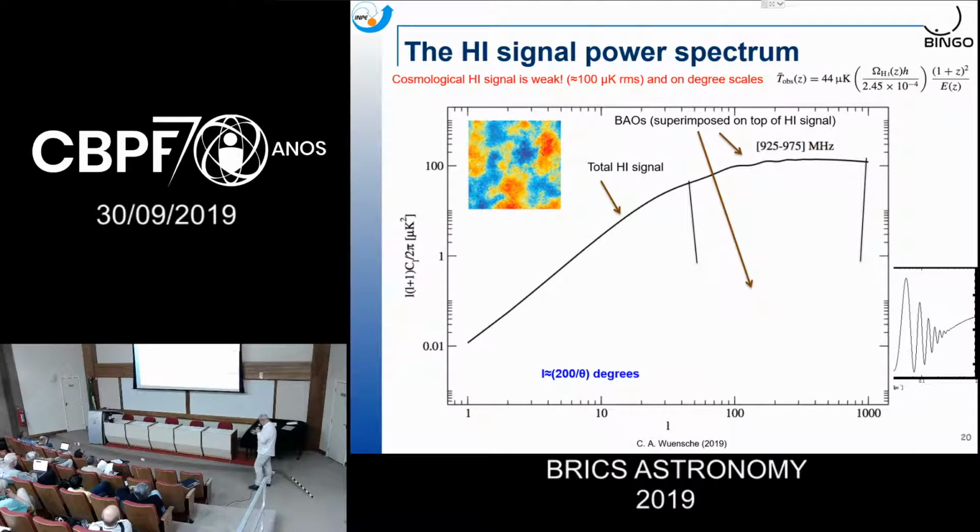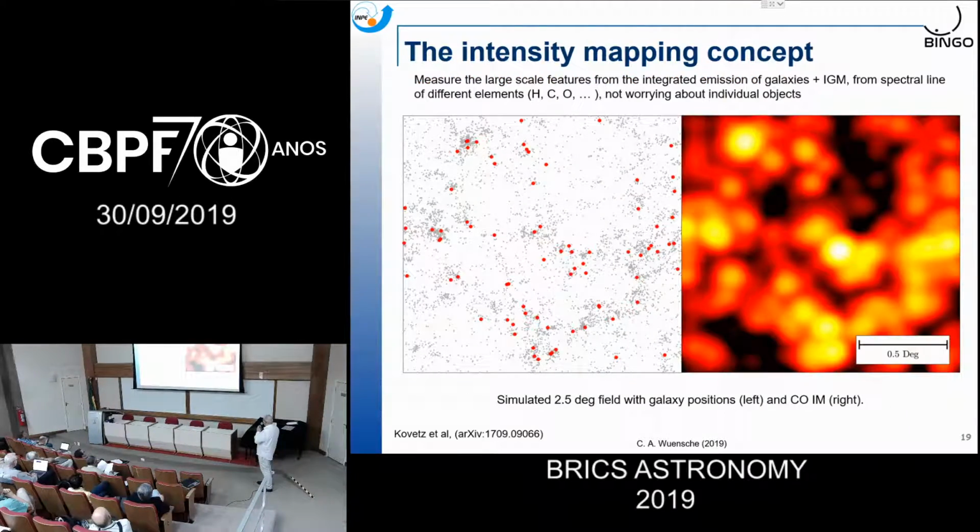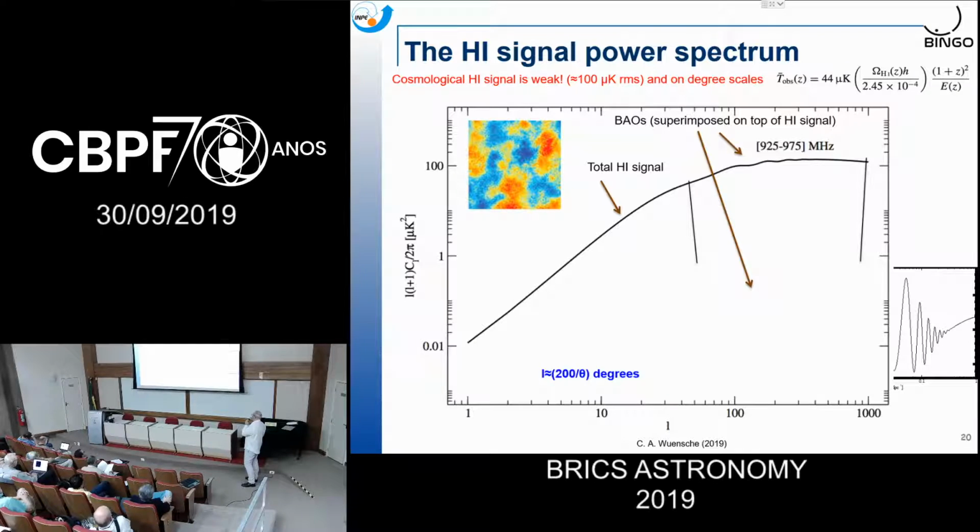And what do you want to get? From what's here, you try to extract from the neutral hydrogen the power spectrum for different redshifts, redshift bins, and on top of that power spectrum, you look for fluctuations.